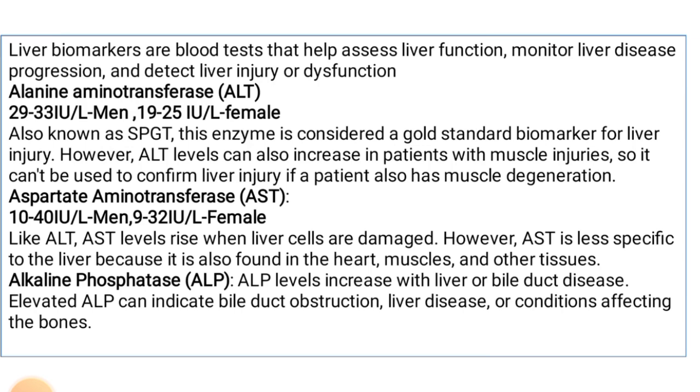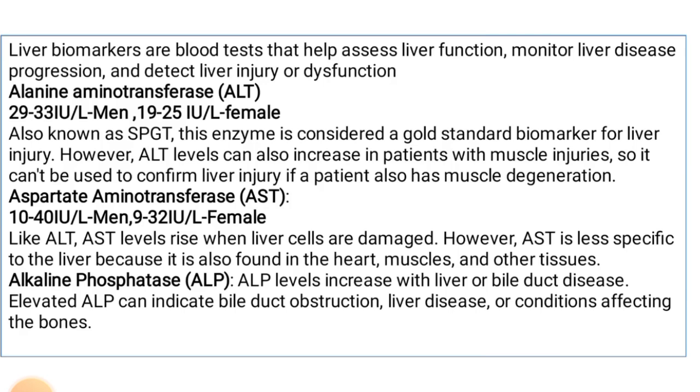Like ALT, AST level rises when liver cells are damaged. However, AST is less specific to the liver because it is also found in the heart, muscles, and other tissues. So ALT is more specific. AST is also used, but some amount is present in the heart, muscles, and other tissues as well.